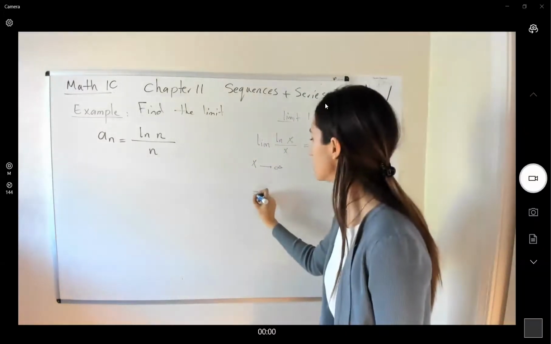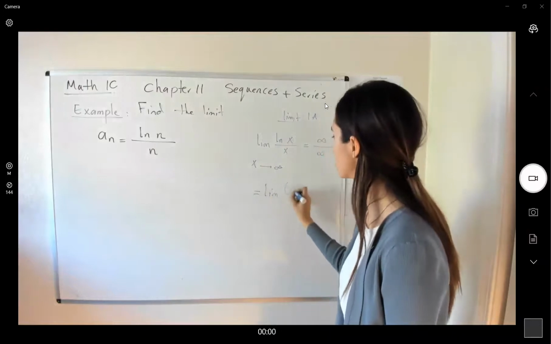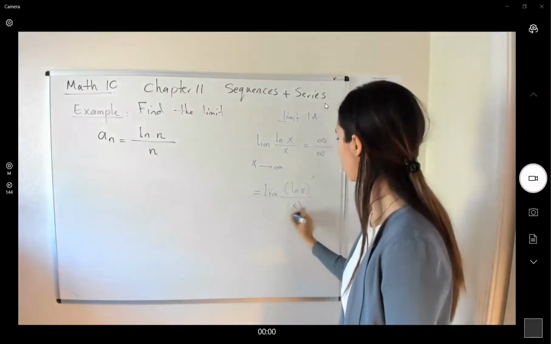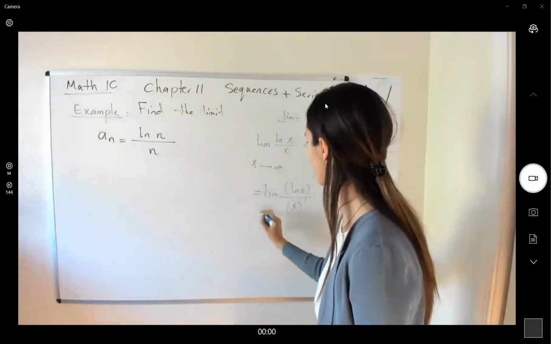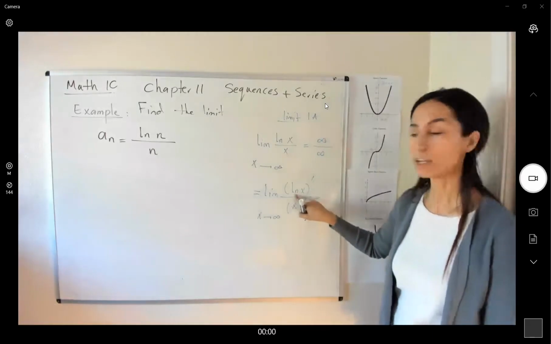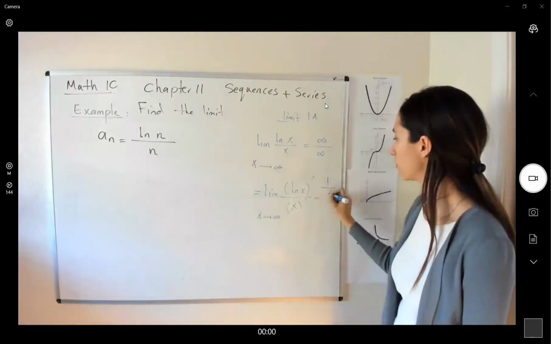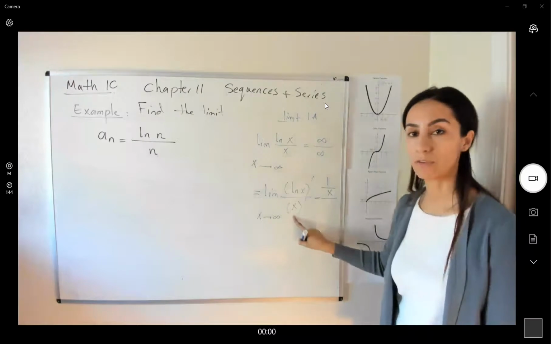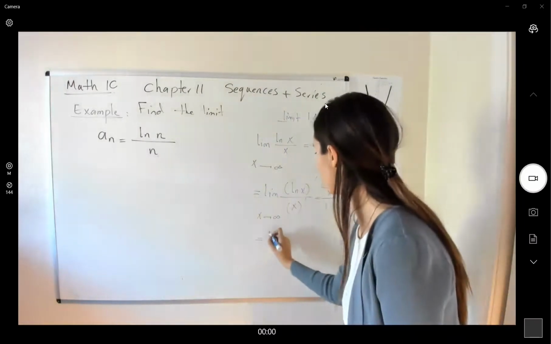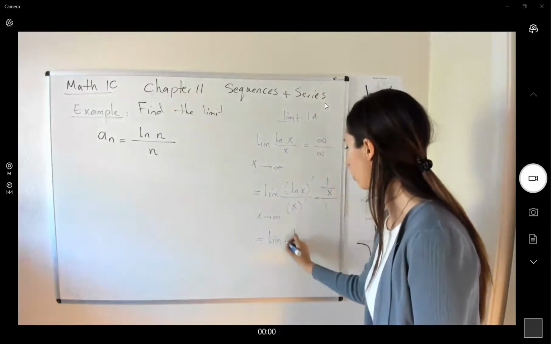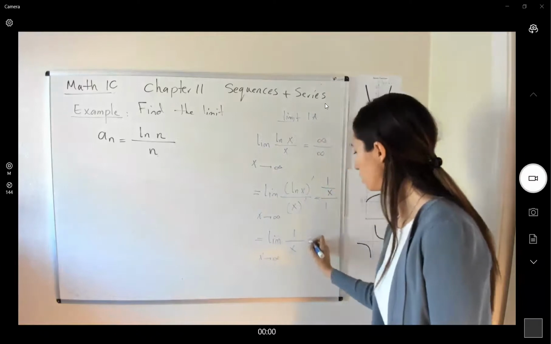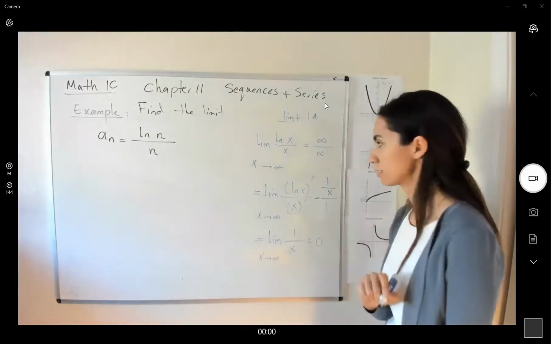This limit is equal to the limit of the derivative of ln of x divided by the derivative of x while x goes to infinity. The derivative of ln of x is 1 over x, and the derivative of x itself is equal to 1. So this is equal to the limit of 1 over x while x goes to infinity. 1 over infinity is 0.